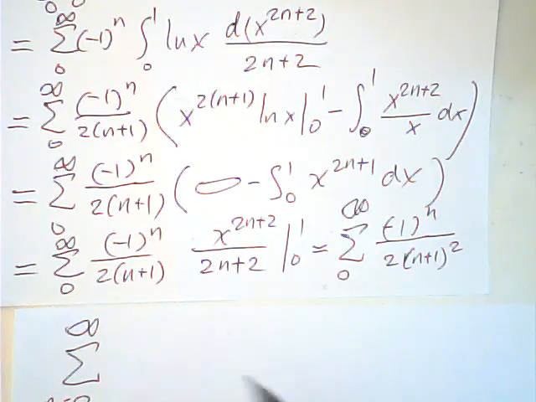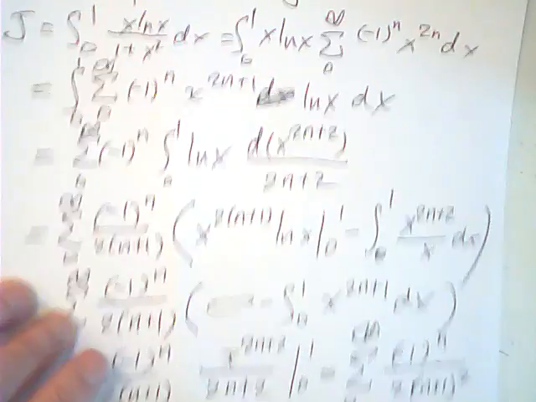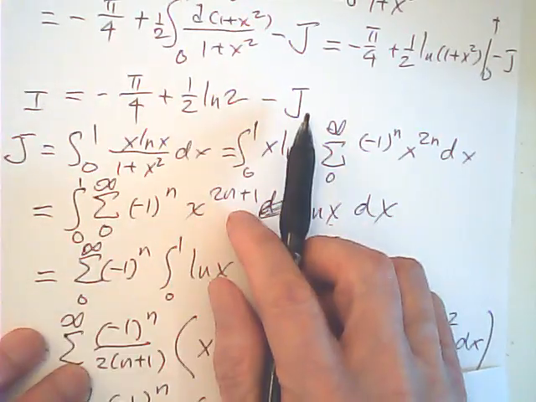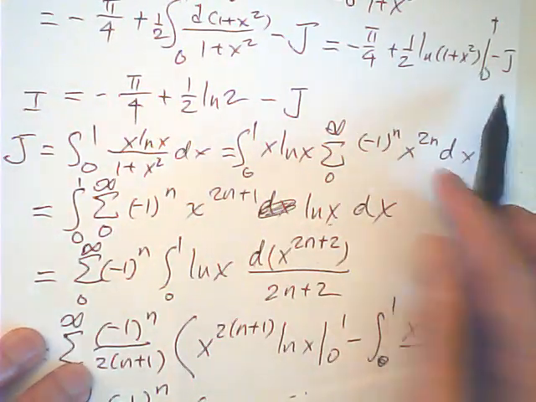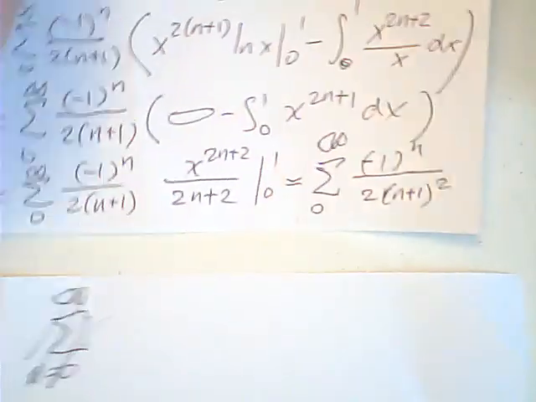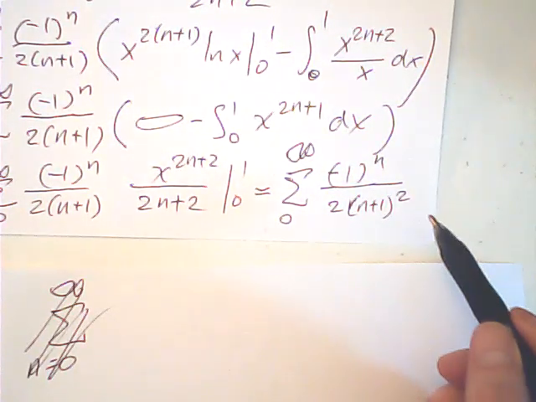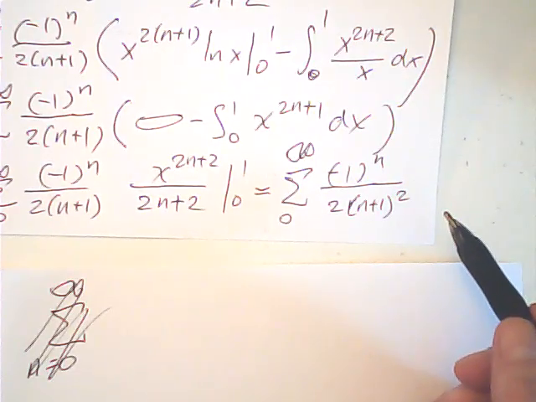Well, no, this is j, right? We just put it, yeah, this is j. You calculate j. Okay, then how do we calculate this one?